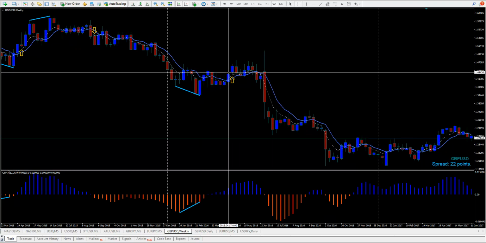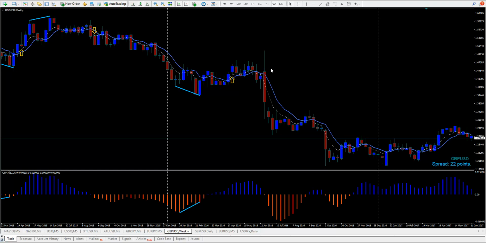You would have bought it here. It went up 300, but yeah. Let's see, 700 pip stop. No, it never even went up 700. It only went up a couple hundred pips.